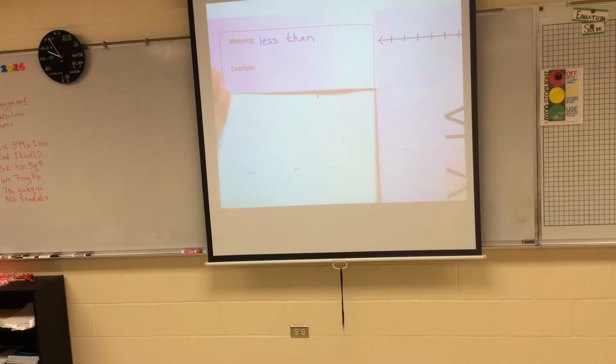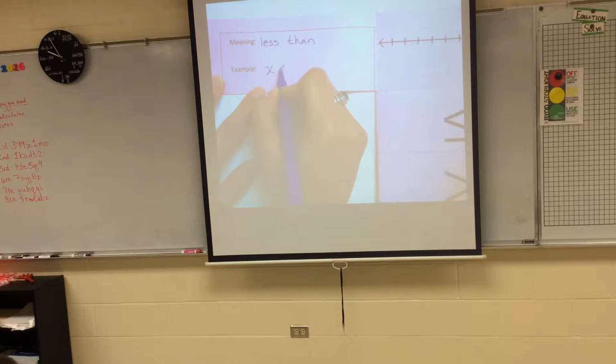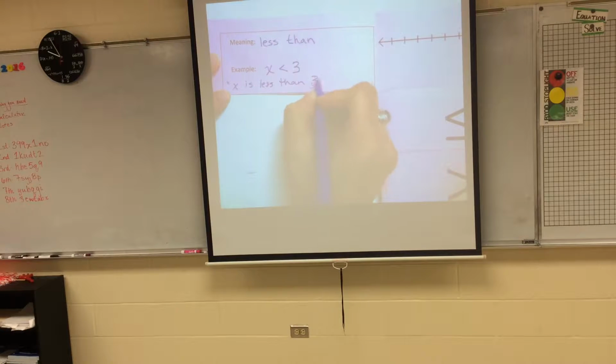Fantastic. So an example of an inequality using the symbol less than would be x is less than 3. I'm going to write it out. X is less than 3 is how you would say that.